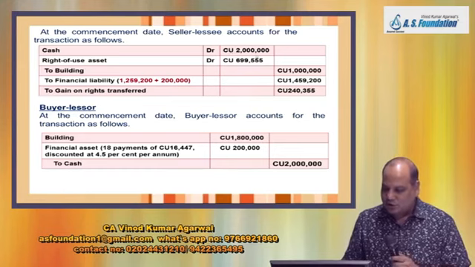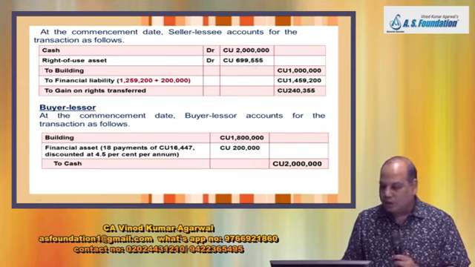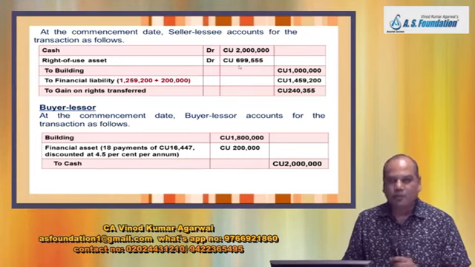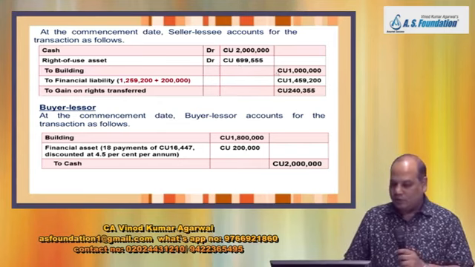So cash account debit 20 lakh. We will debit right of use asset 699,555. In this type of arrangement, the right of use asset will be a proportionate amount of the existing carrying amount that we have calculated.